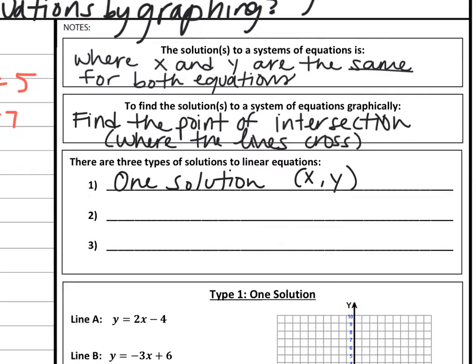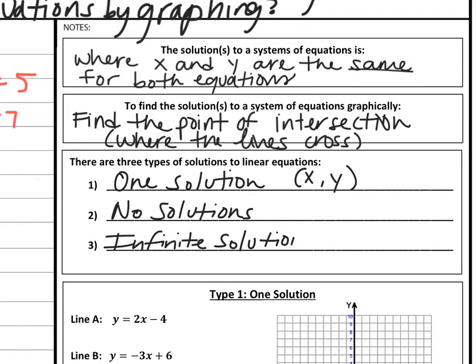But we're going to deal with straight lines only. So the other ones are no solutions, which you should remember from solving equations, and infinite solutions. It's coming back. No solutions, infinite solutions, one solution.